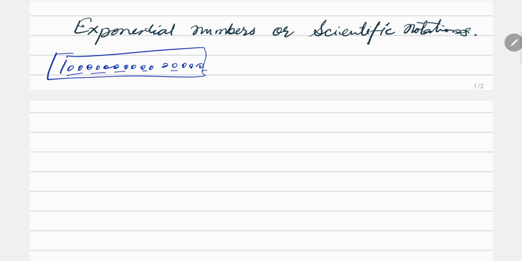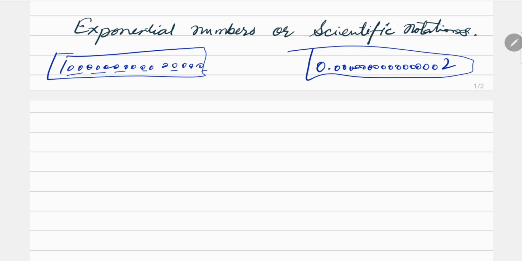That is a problem. And once again, they can also have very small values like this. Suppose this is the value. Once again, this is a very small value, and it is very difficult to remember all the zeros present in it. To counter that particular problem, we have exponential numbers, or scientific notation.